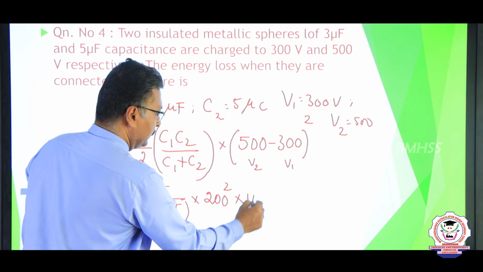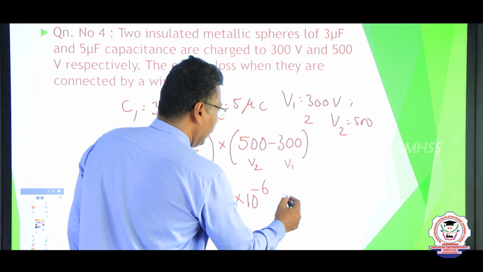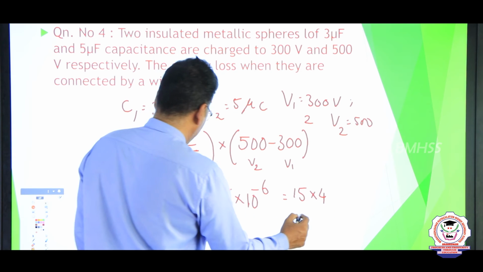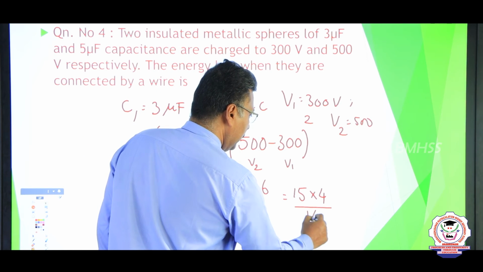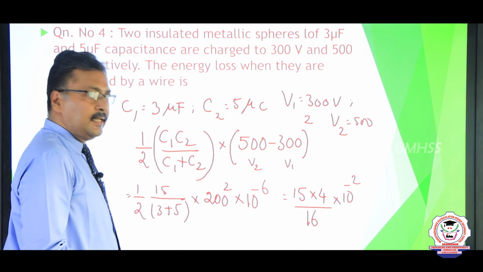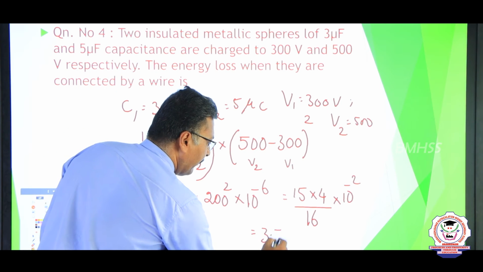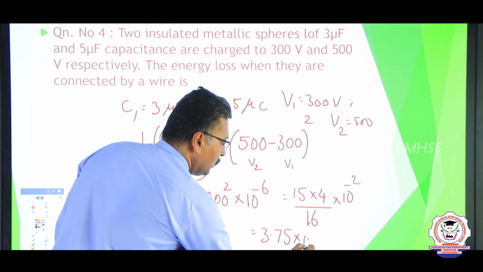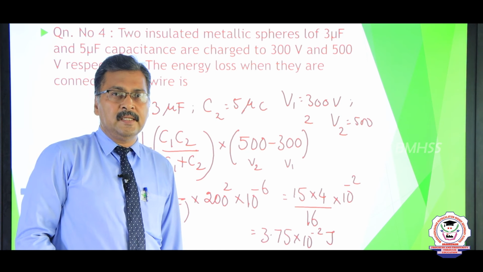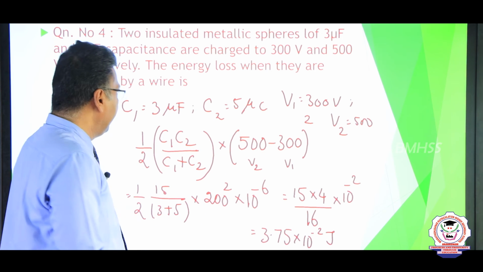So this is 15 by 15 into 4 divided by 8 into 2, 16 into 10 to the power minus 2. So 60 by 16 is 3.75, so 3.75 into 10 to the power minus 2 joules. This is the method of solving this problem. When two capacitors are given in series, find the effective capacitance, find out the energy. We will go to the next problem.